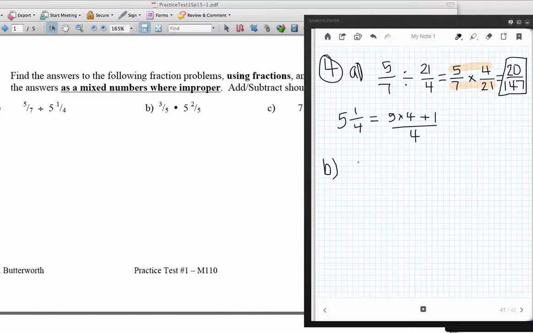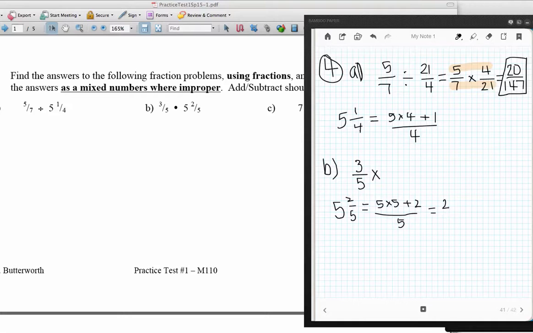Now moving on to part B. In part B we have a multiplication, so we have 3/5 and we're multiplying that by 5 2/5. Again we have to have an improper fraction. So for 5 2/5, we again multiply the denominator times the whole number and add in the numerator. So 5 times 5 and then add in 2, and you put it over the original denominator.